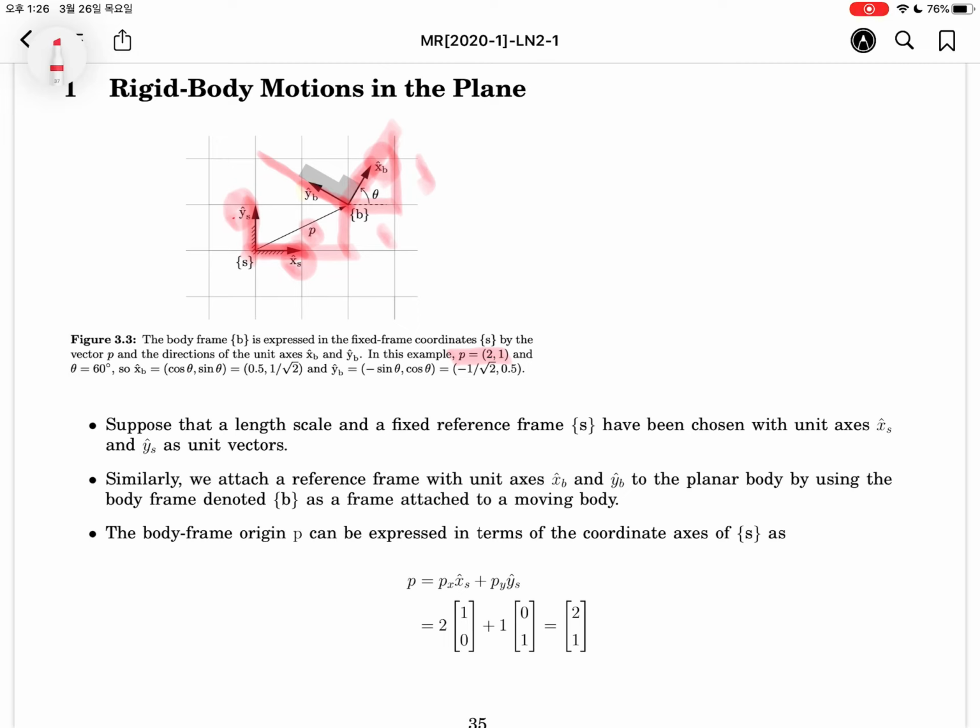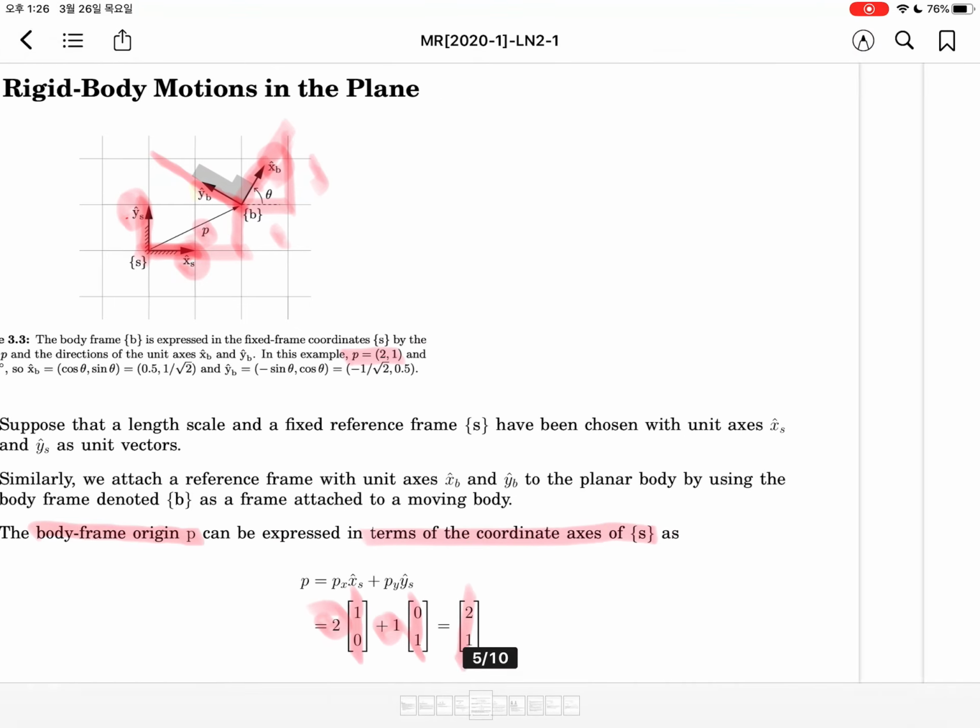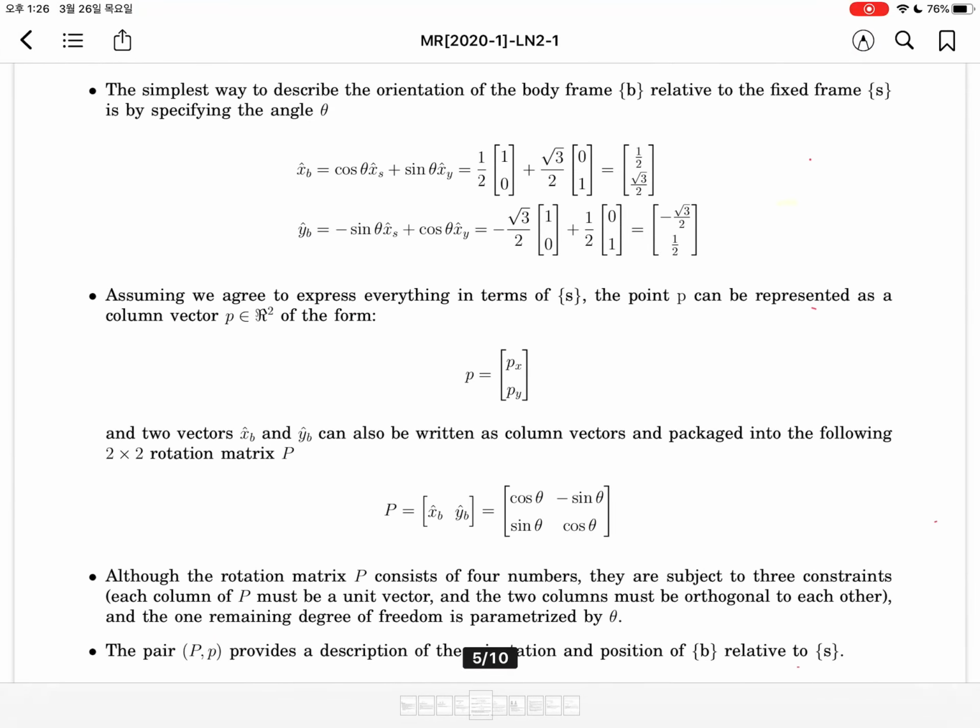Anyway, the body frame position P can be expressed in terms of the coordinate axes of S. Here, 2 is the x-axis coordinate value and 1 is the y-axis coordinate value, so the coordinate is (2, 1), and we can get the position vector of P. On the other hand, we can get the orientation. The xb axis is obtained by projecting this unit vector onto the xs and ys axes. I'm sorry, this is a typo. This is the hat ys.